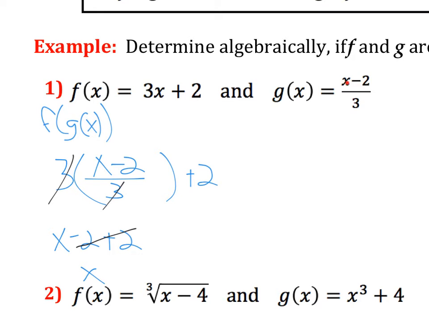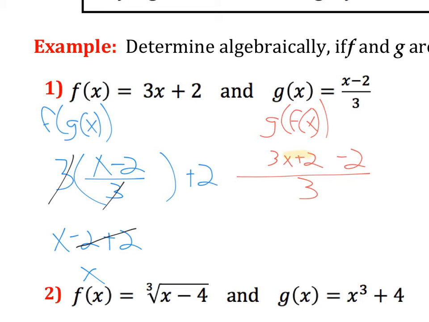Now let's do the same thing over here. I'm going to plug the f function into the g function, so I need to figure out g of f of x. That's going to be (3x plus 2 minus 2) all over 3.